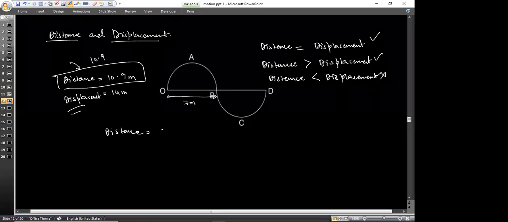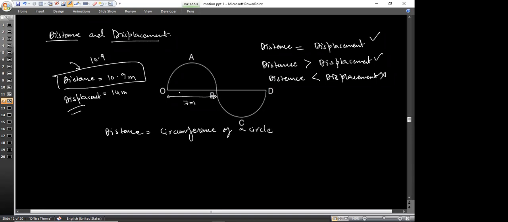Half circle plus half circle gives you a complete circle. So you can simply write that distance traveled will be equal to the circumference of the circle.